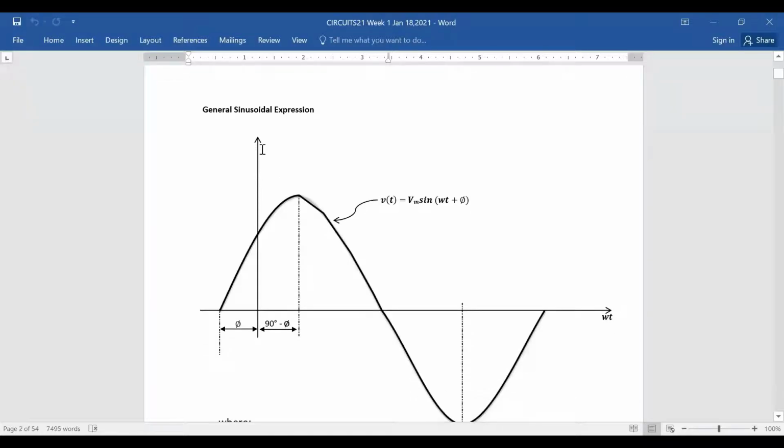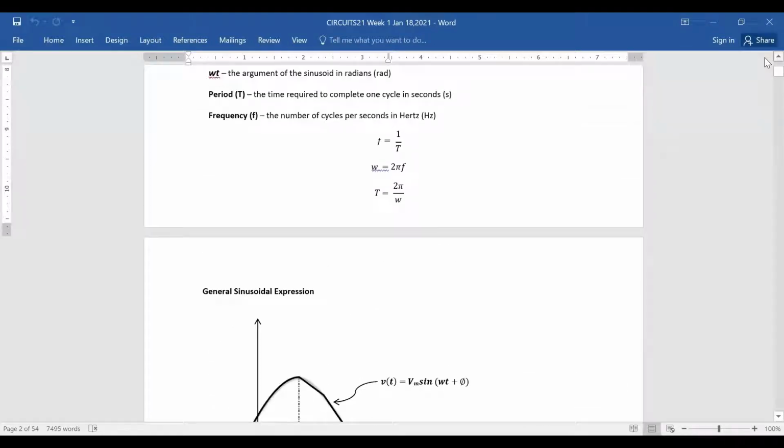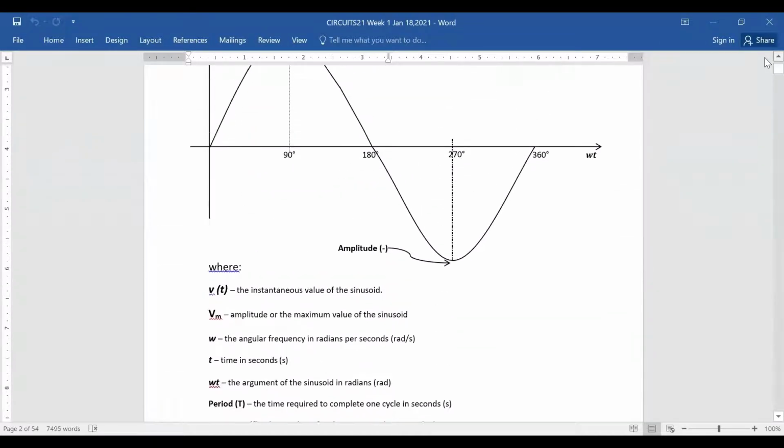As you can see here, this is our y-axis and this is our x-axis. The intersection of our x and y-axis is the 0 degree. In the previous one, our sinusoid starts from 0 degree, the intersection of our x and y-axis.